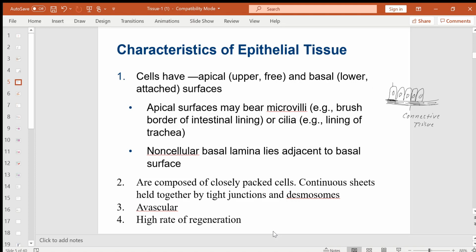This free end is called the apical end or surface, and the attached surface is called the basal end or surface. So that is one property: the basal end is attached and the free end is the upper end.